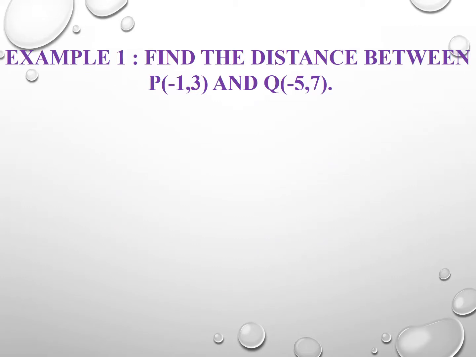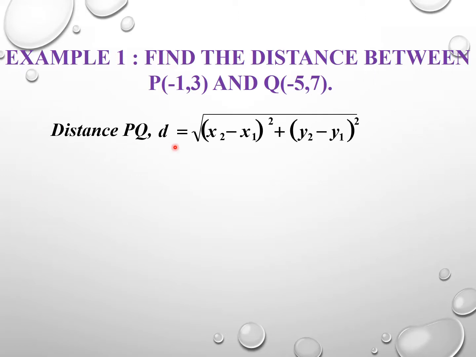Let us go through an example to find out the distance between point P minus 1, 3 and Q minus 5, 7. Here we will take point P as x1, y1 and Q as x2, y2. Let us use the distance formula here. The distance formula is root over of x2 minus x1 whole square plus y2 minus y1 whole square.